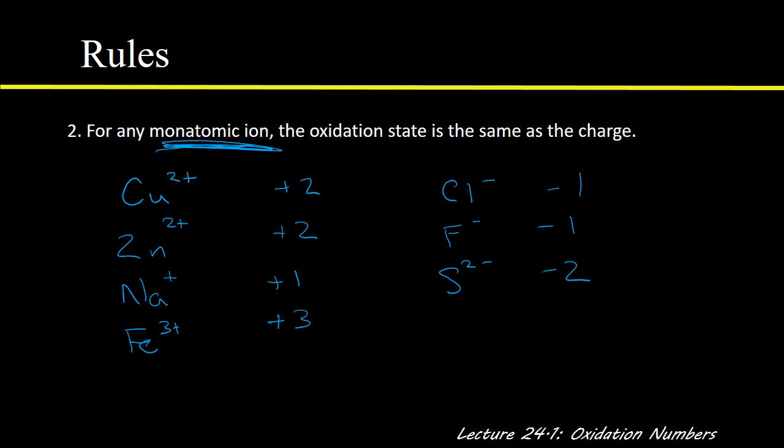So one way to think about this is if you go back to the definition I just gave you about oxidation numbers, the oxidation number is the charge that would exist if all of the bonding was ionic, right? And in cases like this, the bonding really is ionic because you've just got single monatomic cations and anions. So the oxidation number is just going to be the same as the charge.